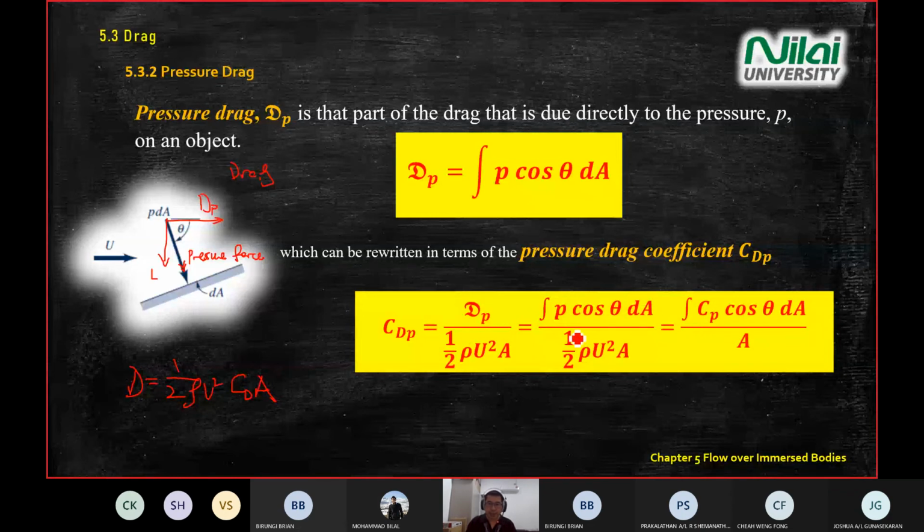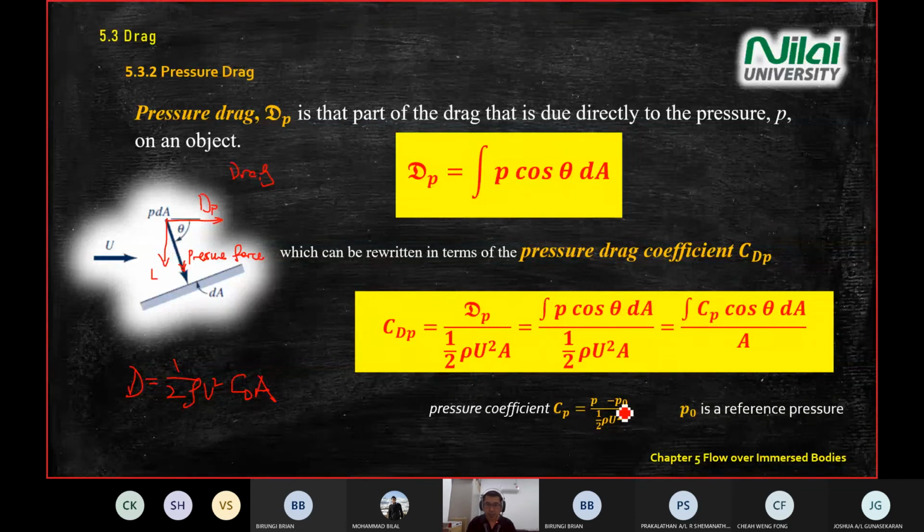All right, and then we further reduce our equation, because we know that P divided by half rho U squared gives you Cp, right? Cp cos theta dA divided by A. So your Cp in this equation is Cp equals P minus P0 divided by your dynamic pressure.